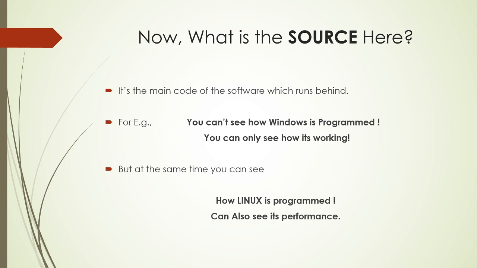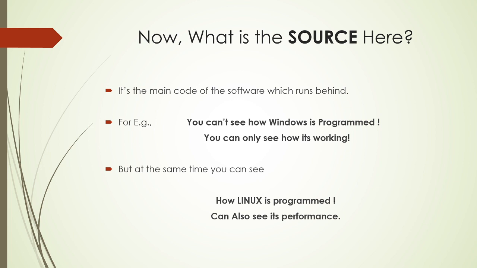its code. But at the same time, you can see how Linux is programmed, and you can also see how it's performing. You can redistribute it, you can change it, you can modify it, you can add your own features in Linux. But that can't be possible with Windows. So that's what open source means.